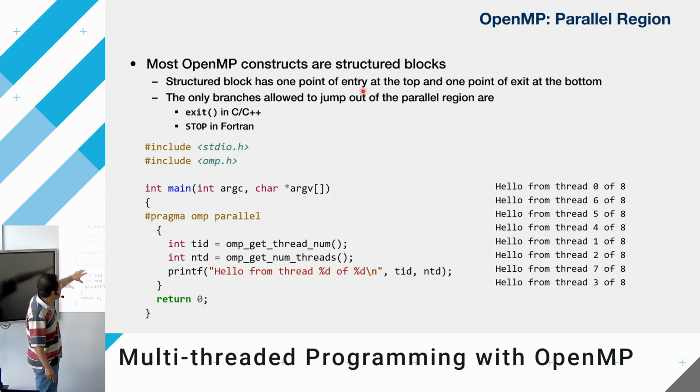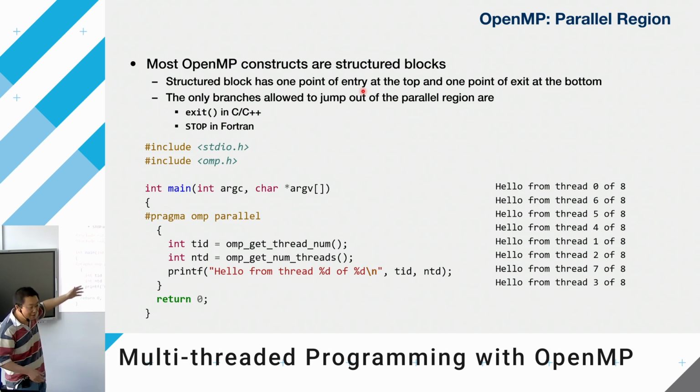Only a few things are allowed to jump out of this block, basically exit or stop. If you want to stop the entire application, you are able to jump out of this block. Otherwise it's not possible, because you are in a parallel region.